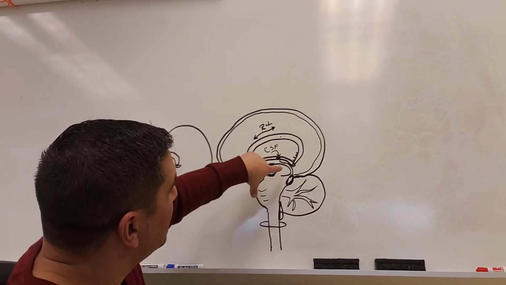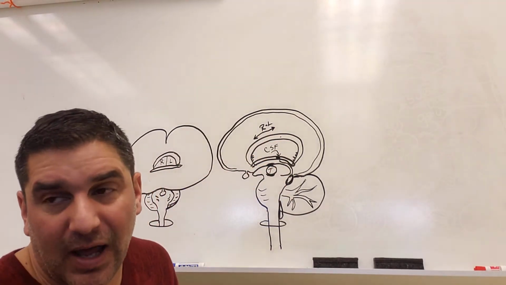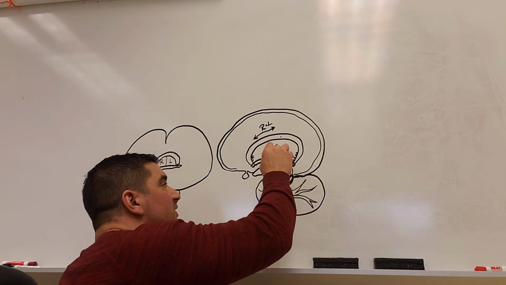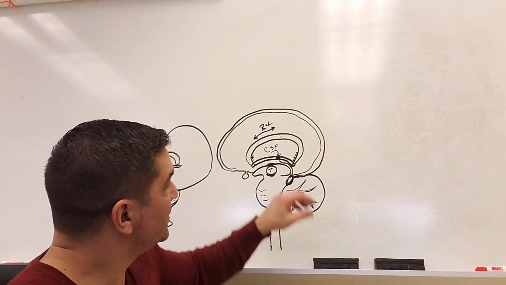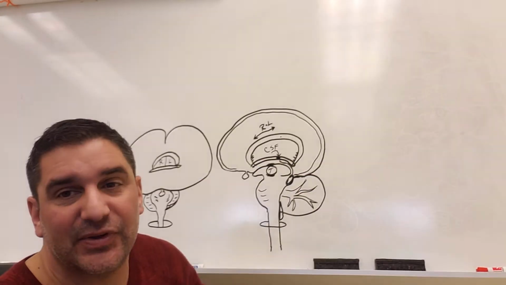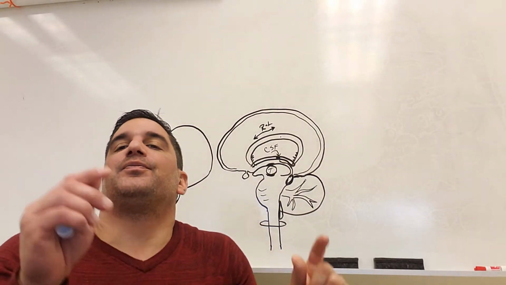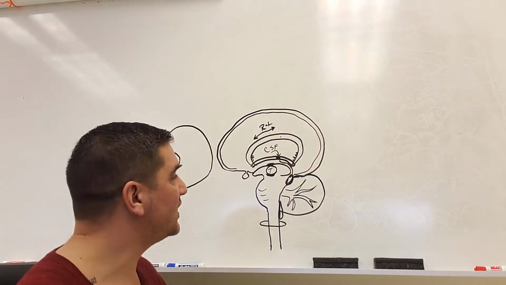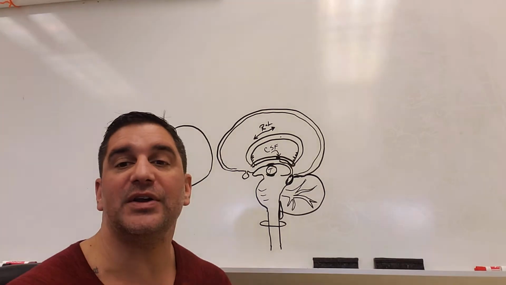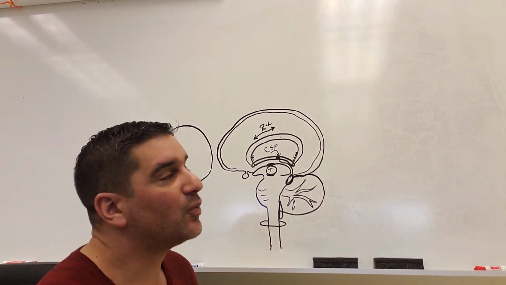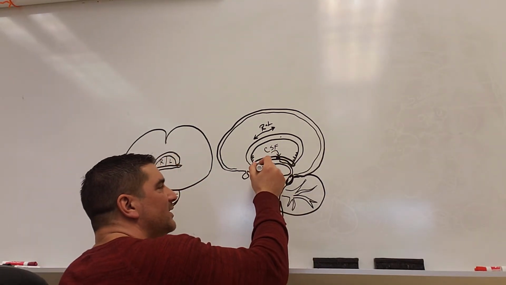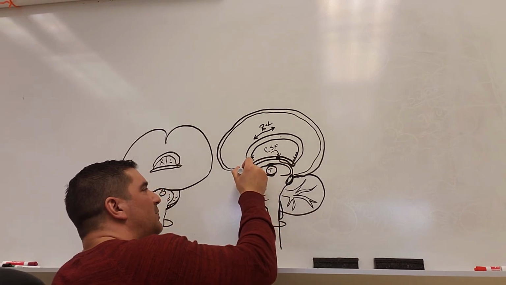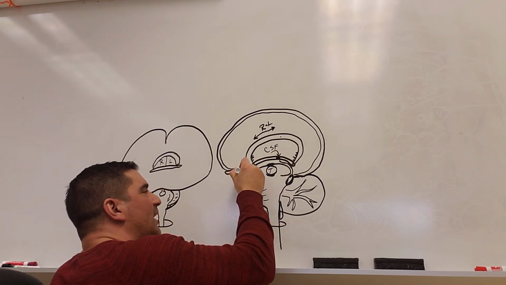Now, if the cerebral aqueduct gets plugged, and this happens, or the interventricular foramen gets plugged, you get a buildup of pressure because the ependymal cells of the choroid plexus don't stop. They keep on producing. Pressure will increase.